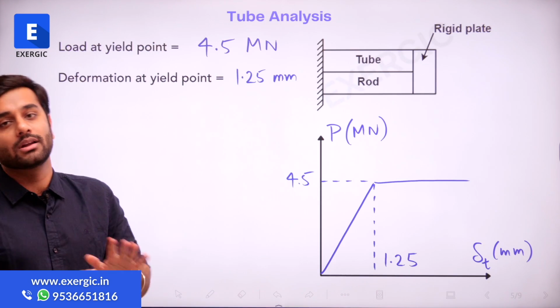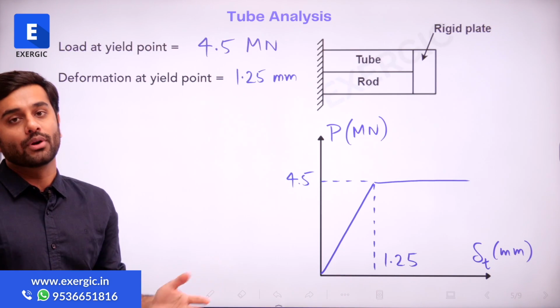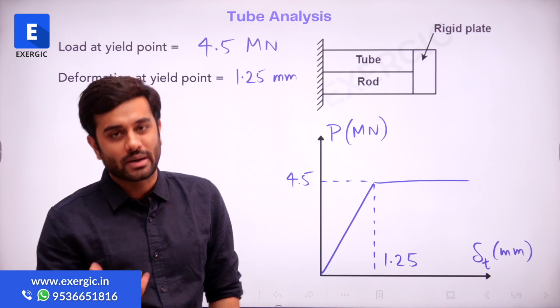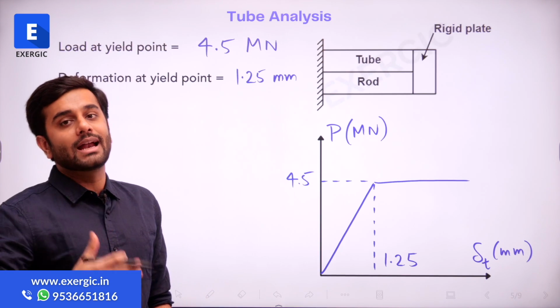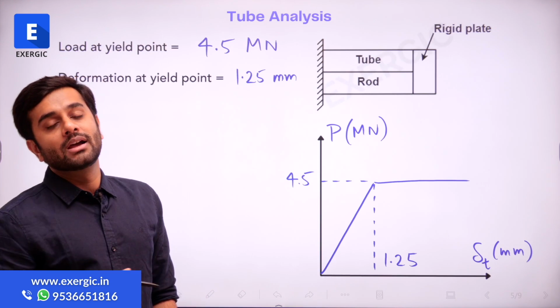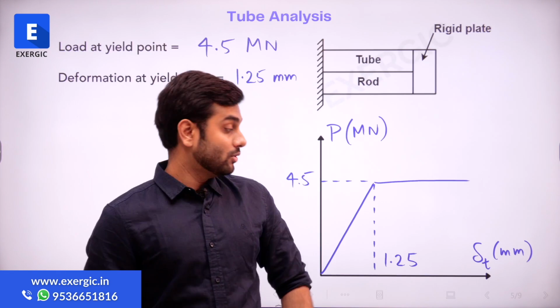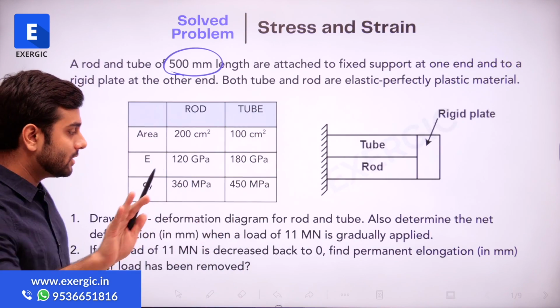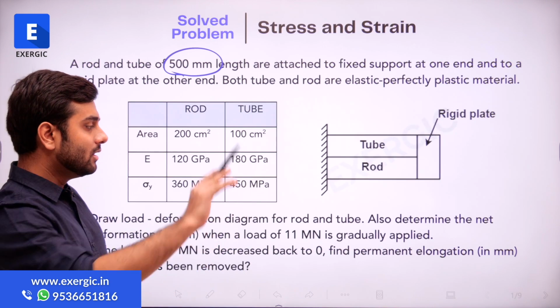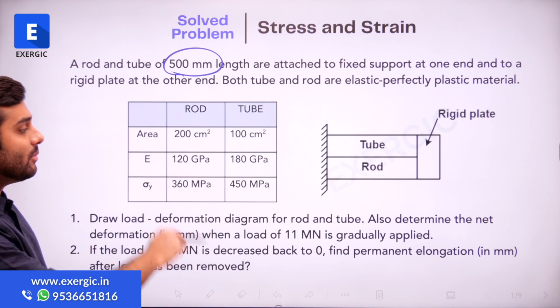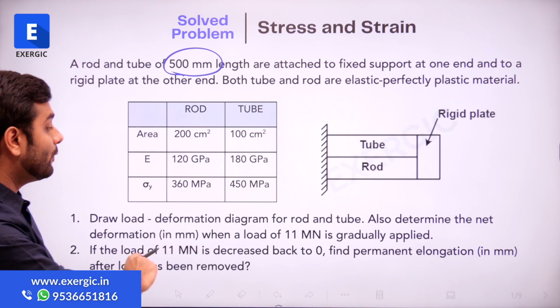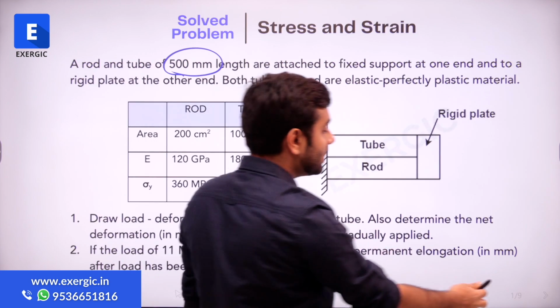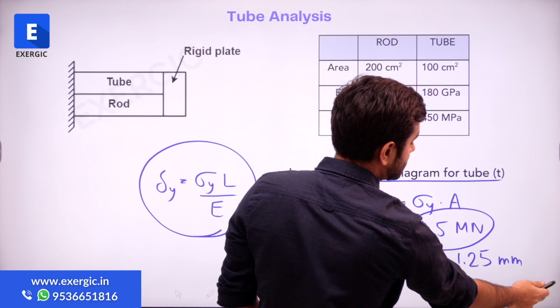So up to this point, it's nothing new for you. These are some of the very basic expressions and basic concepts that we already know about. Now the question comes. Look at the question. The question was asking you to draw the diagram, which was the easy part. Now it is asking you to determine the net deformation when a load of 11 mega Newton is gradually applied on this system.